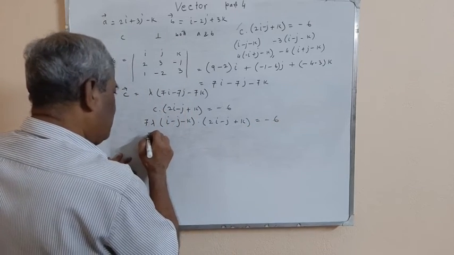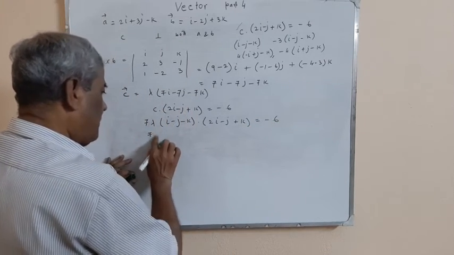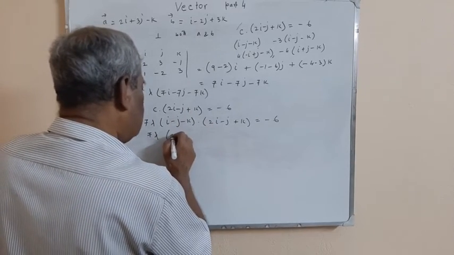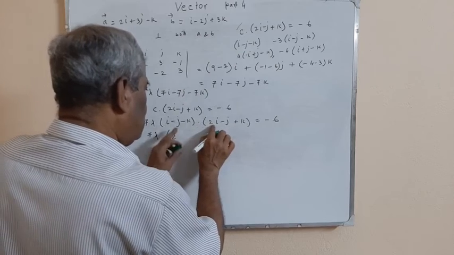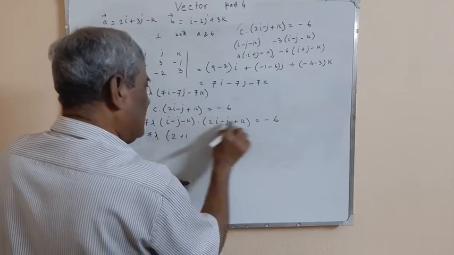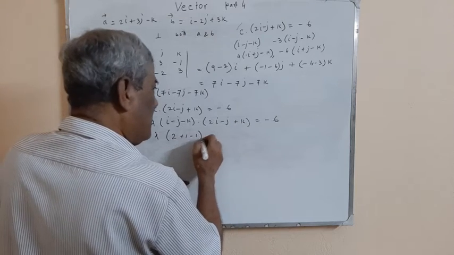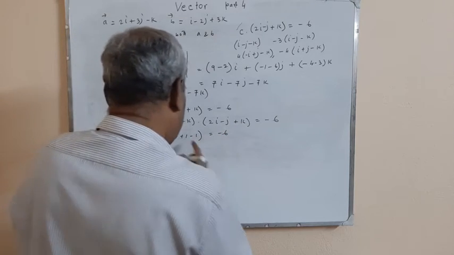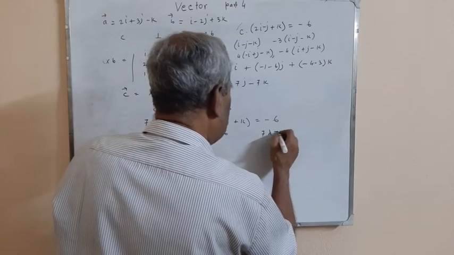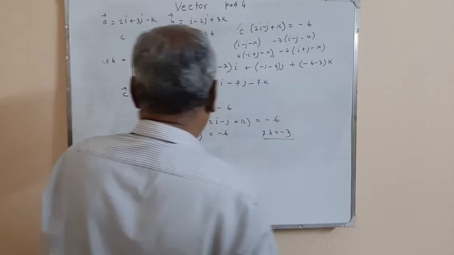That is 7 lambda into (2 plus 1 minus 1) is equal to minus 6. Together this is 2. So 7 lambda is equal to minus 3.